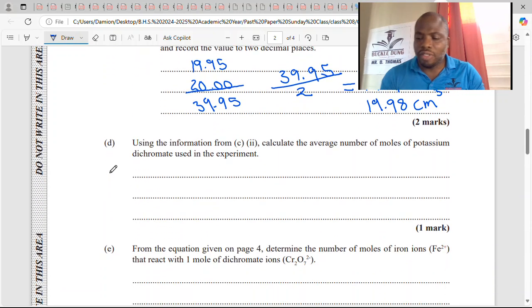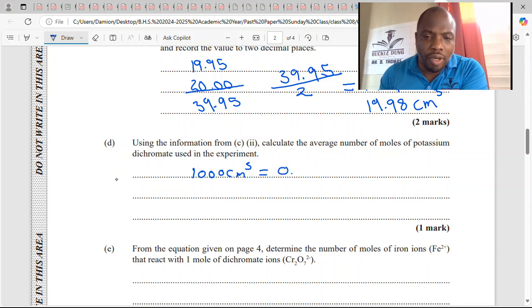So you know I use conversion, I don't go the cross multiplying. So I know 1000 centimeter cube based on that moles per dm cube is 0.020 moles.